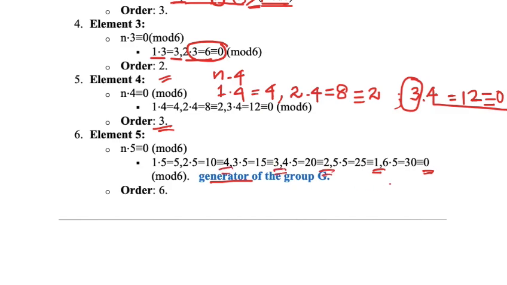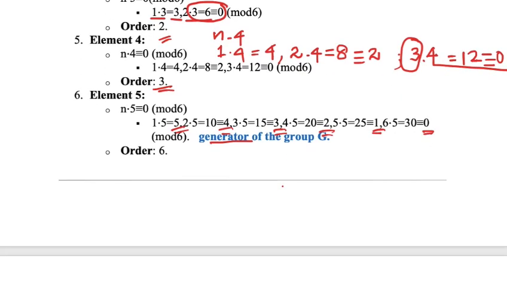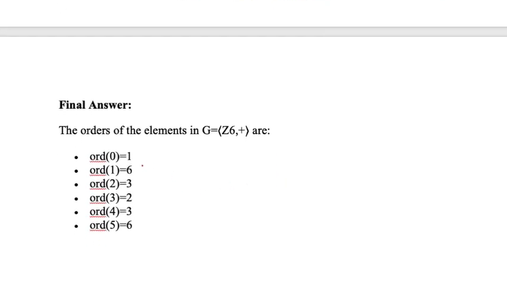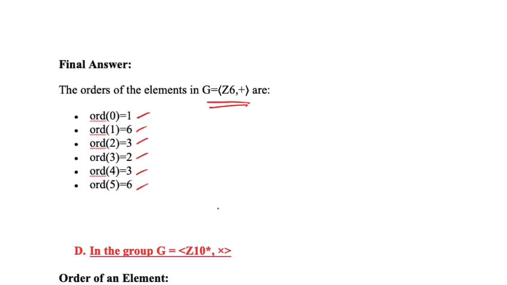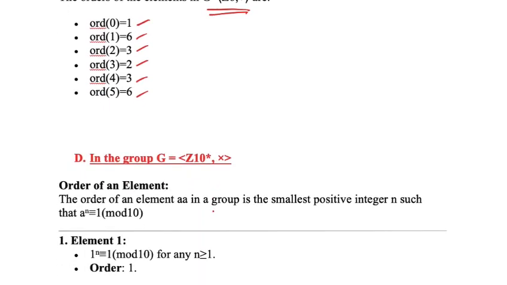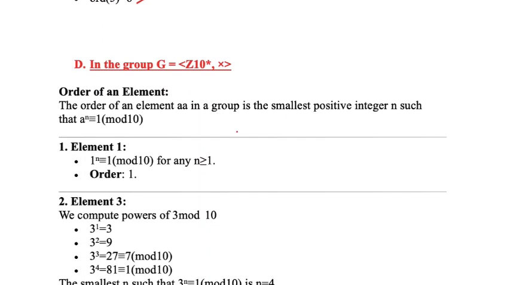So this element is called a generator. So the orders for 0, 1, 2, 3, 4, 5 are 1, 6, 3, 2, 3 and 6. This is the order for this group under addition. The same thing we can do with a multiplication operator.